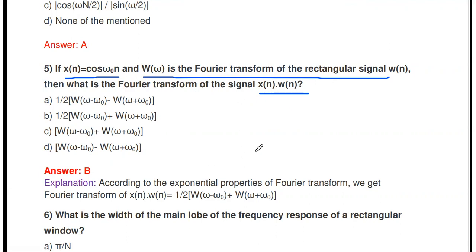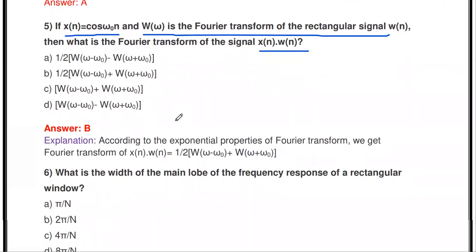According to the property, there is a modulation property in the Fourier transform. If you multiply any signal with cos omega naught n, the Fourier transform answer is 1 by 2 times W of (omega minus omega naught) plus W of (omega plus omega naught).